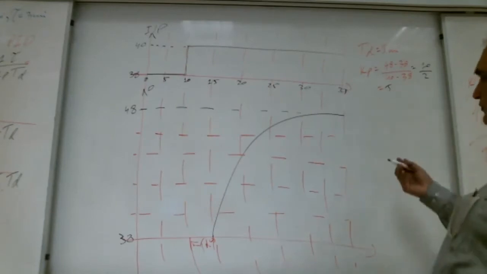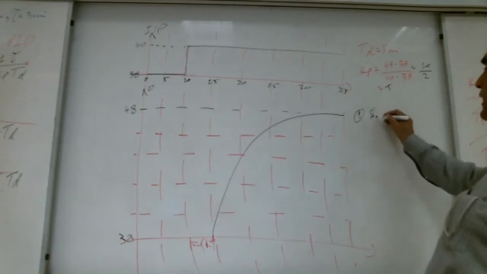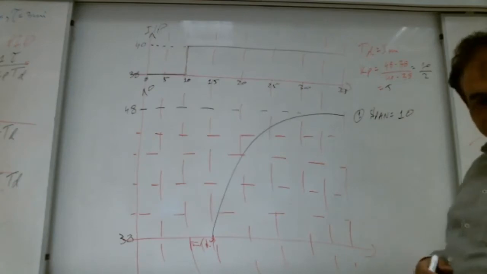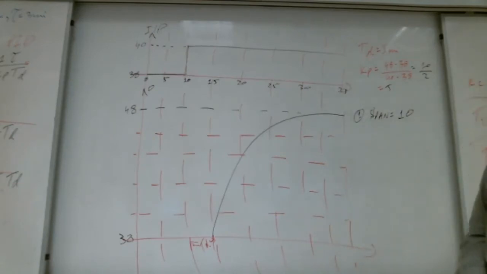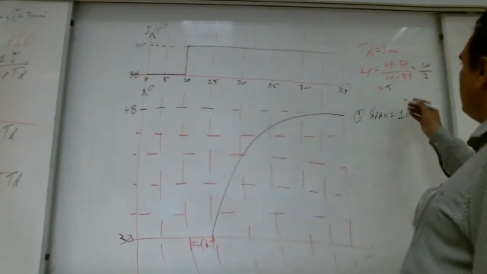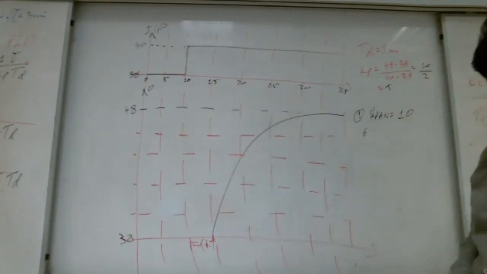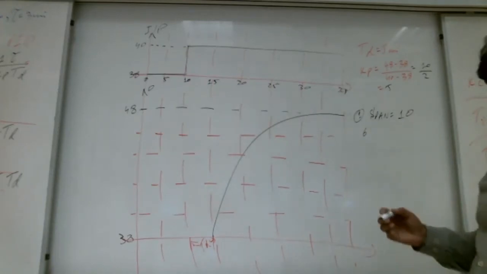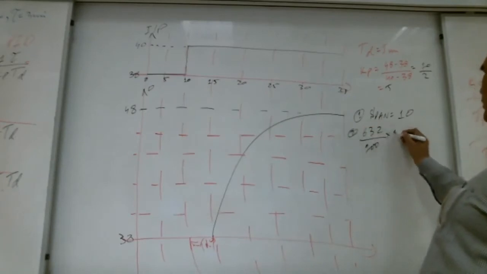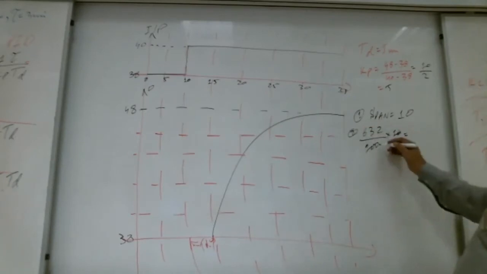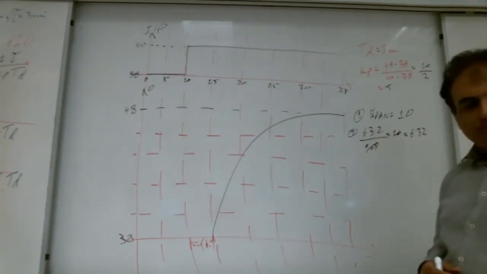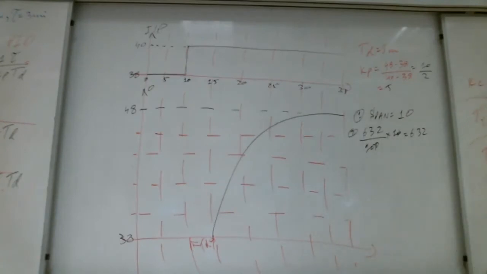Change of output, the span. 48 minus 38 is 10. The second step: 63.2 over 100 into 10, which is 6.32.